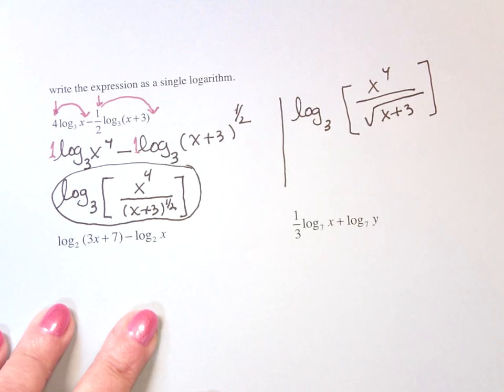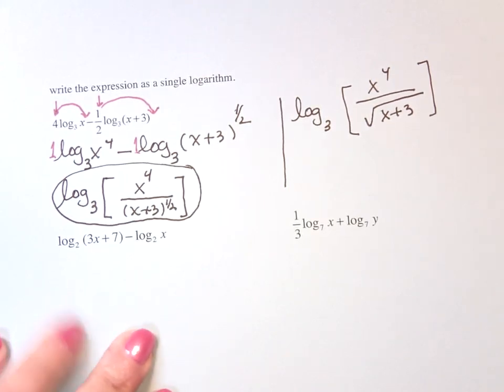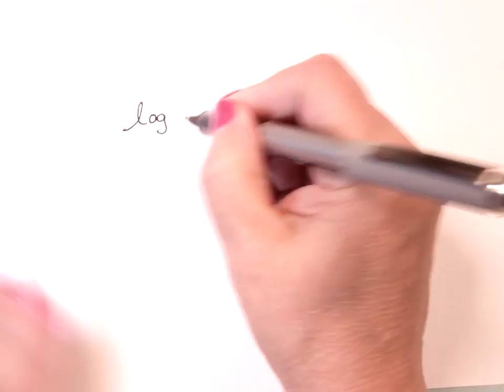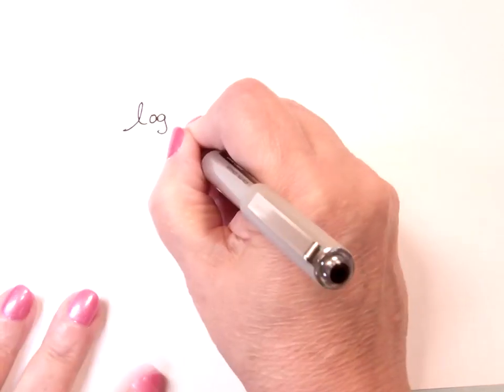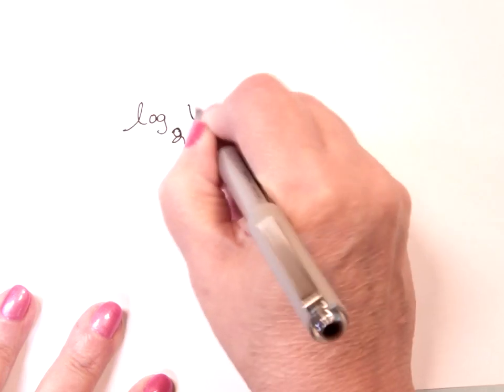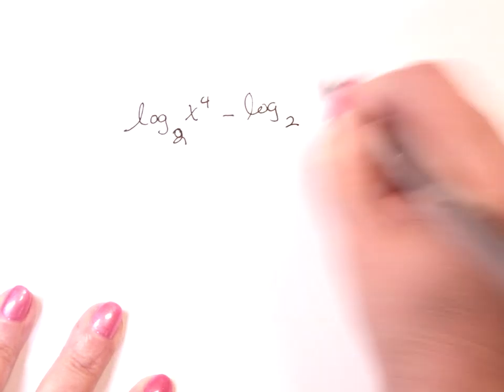But what the brackets do, and I didn't see it so much in this class as I did in the other class, is that I see people all the time who, in this particular instance, could say log base 2 of x to the 4th minus log base 2 of y squared.